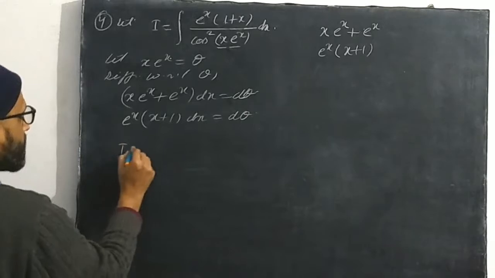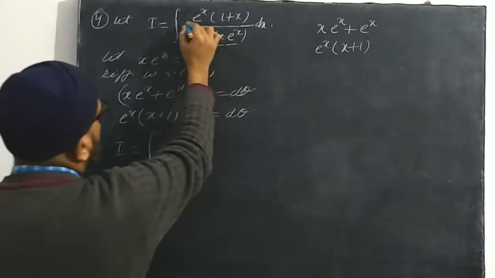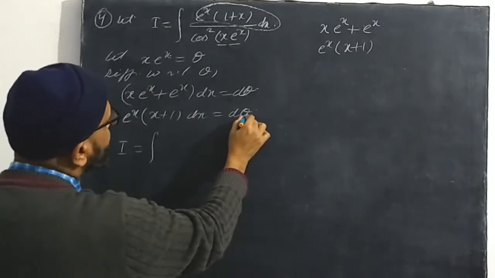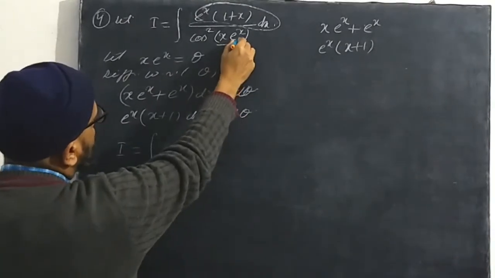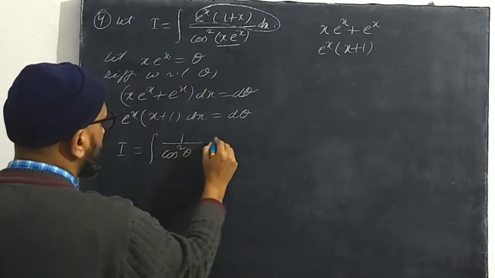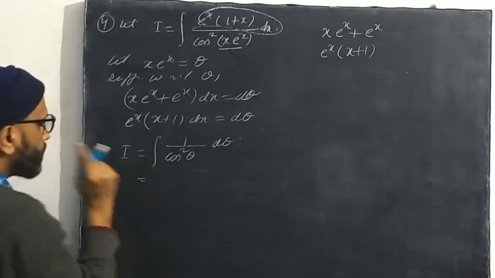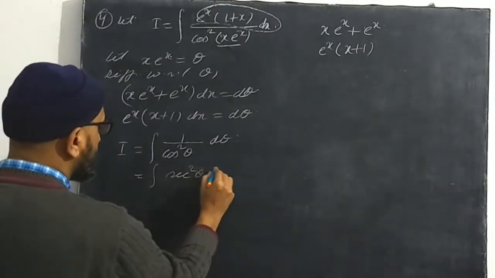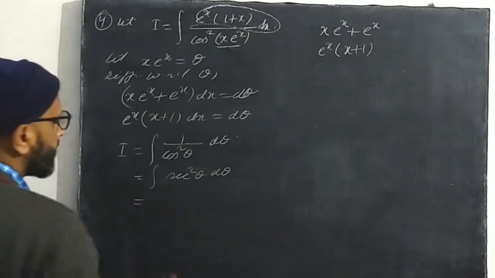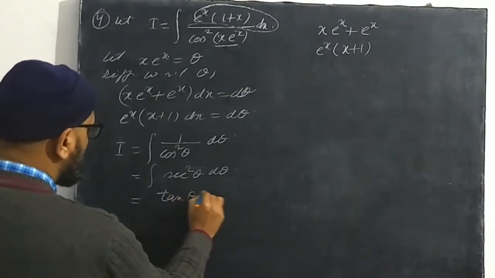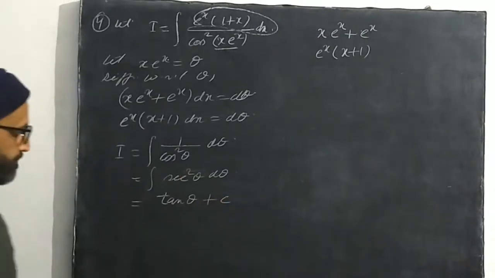So our integral becomes integral of 1 upon cos square theta d theta, and as the reciprocal of cos is sec, so 1 upon cos square becomes sec square theta d theta, and integral of sec square theta is tan theta, as you know well. So tan theta plus c.